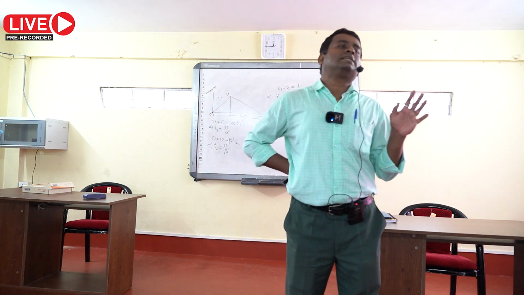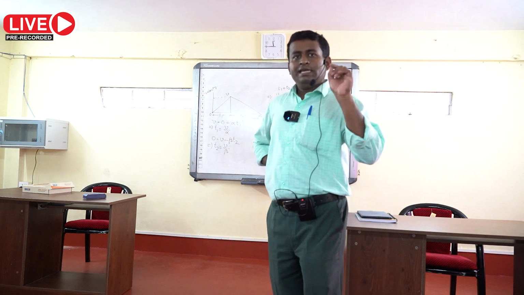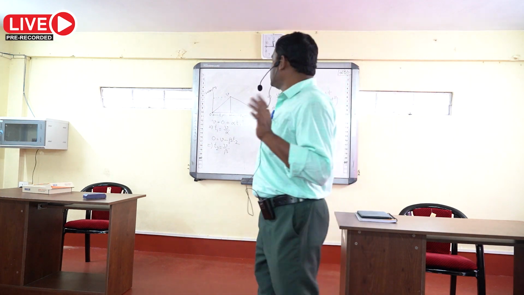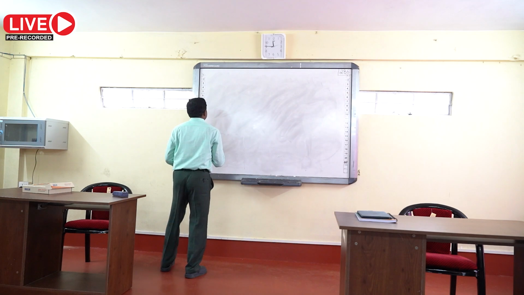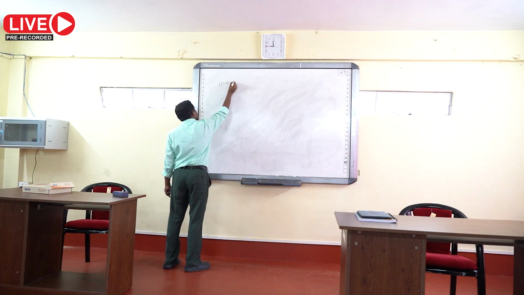First tell me which data are given. Initial velocity is given, that is 10 meter per second. So we will first write those: u, that is 10 meter per second.